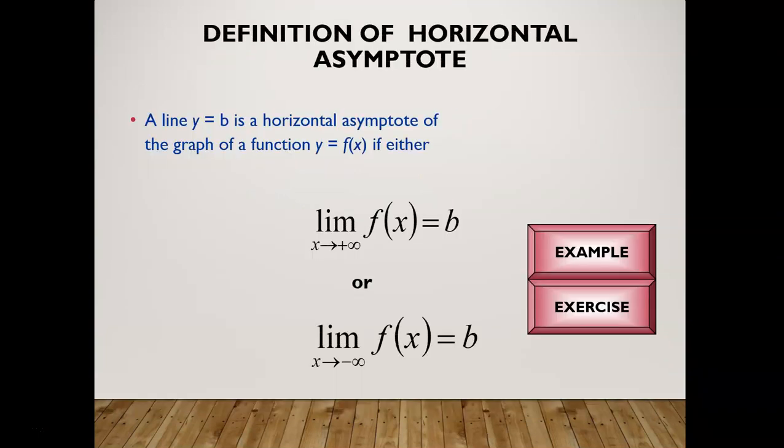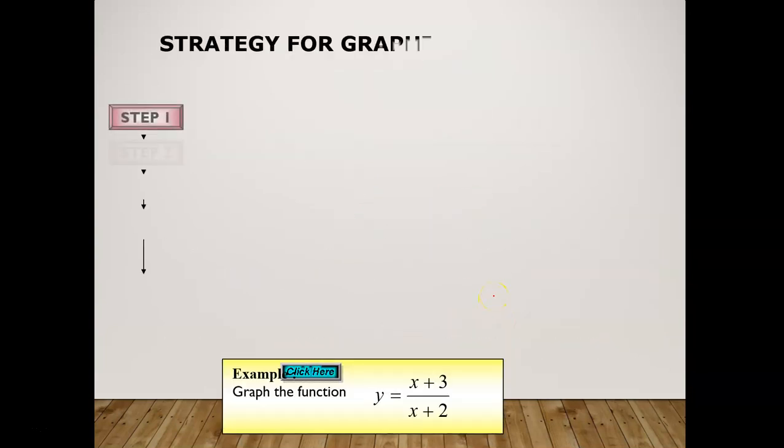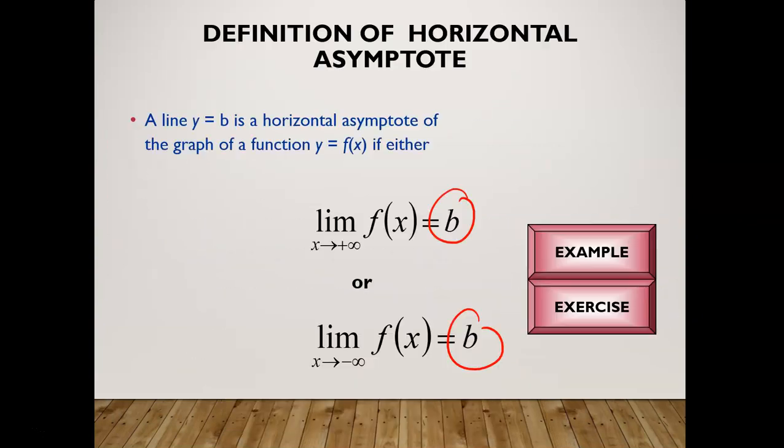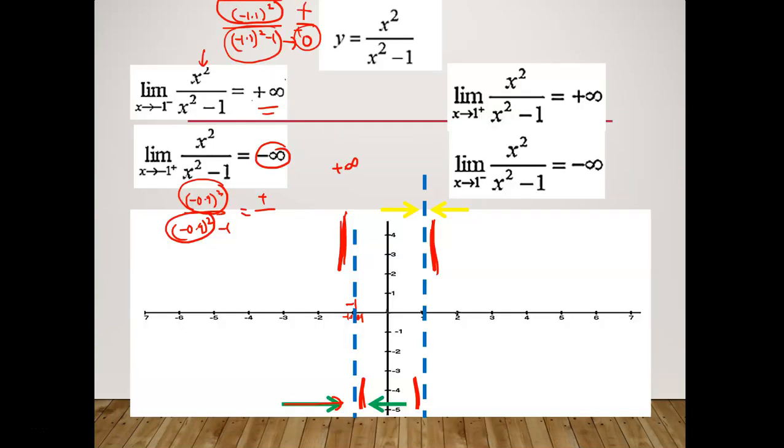Now we will look at the definition of the horizontal asymptote. A horizontal asymptote occurs when x is approaching positive infinity or negative infinity and f(x) is approaching a constant. Applying this to the graph, what happens when x is approaching positive infinity?